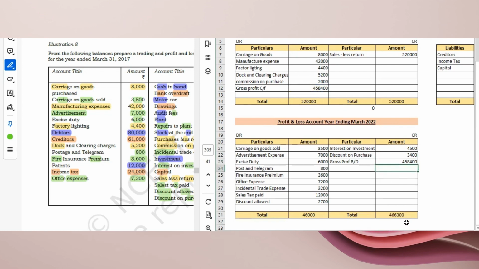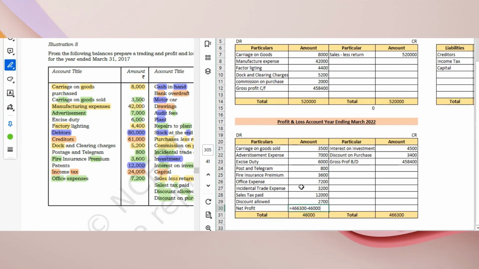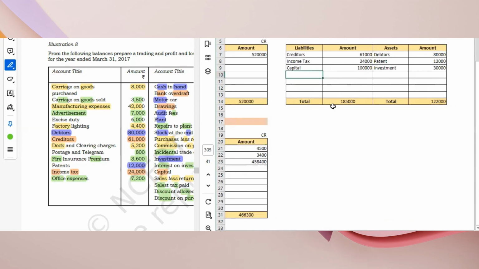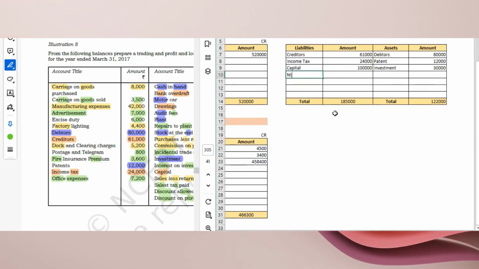So now you have 46,300. What is the net profit you have? 46,300 minus 46,000, all of these expenses minus all of your income, 4,20,000. Now you have to bring in your net profit. But one check you have to give: there isn't drawings here, right?